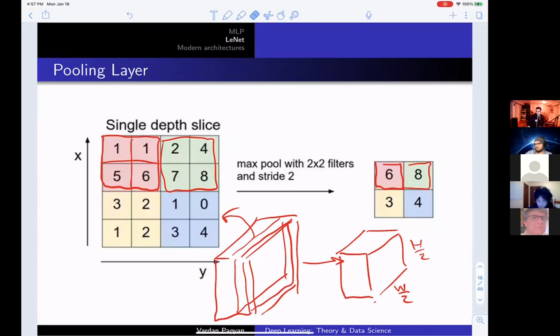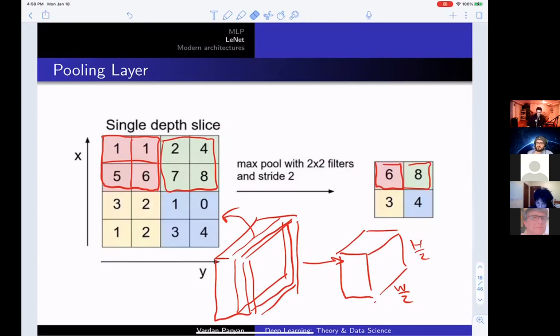Does anyone have any questions about pooling? What's the advantage of pooling? So the most straightforward advantage of pooling is that your tensor becomes smaller, so your computations become more efficient.